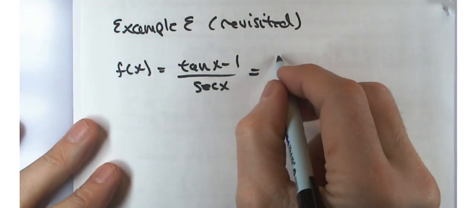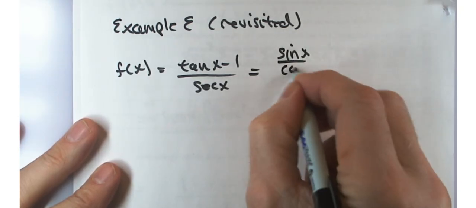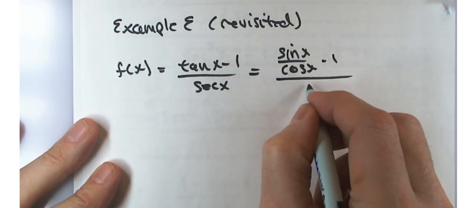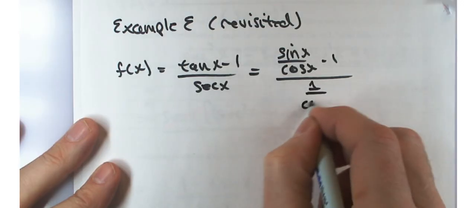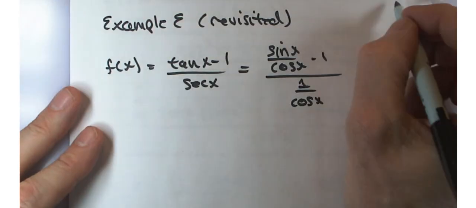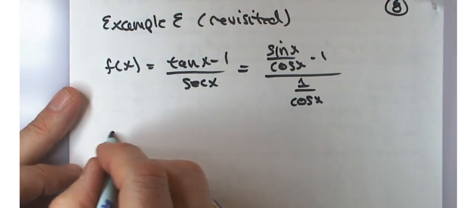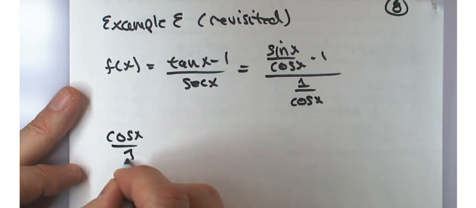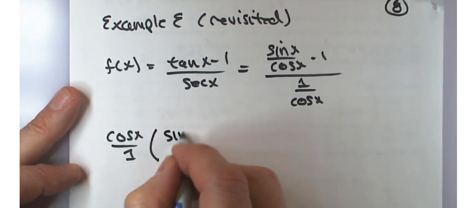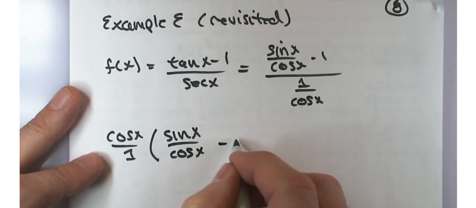This is really sine of x over cosine of x minus 1 divided by 1 over cosine of x. And our trick just a minute ago was to invert and multiply. So that's cosine of x over 1 times sine of x over cosine of x minus 1.